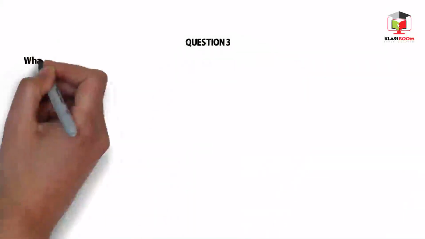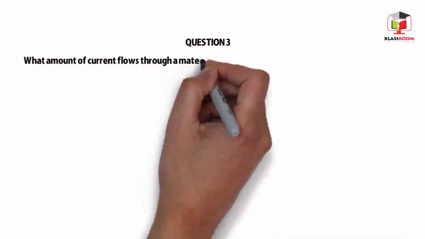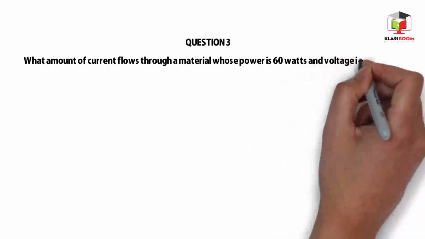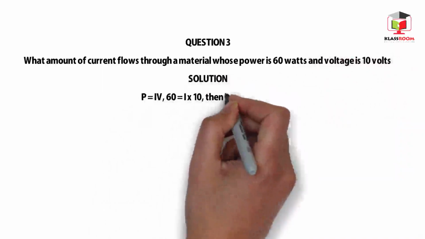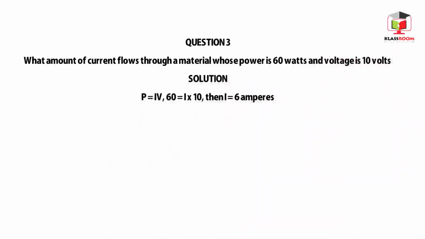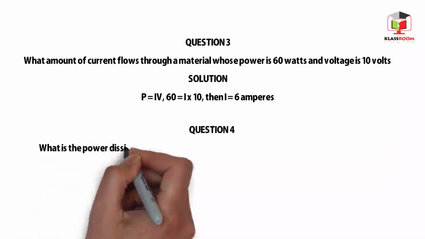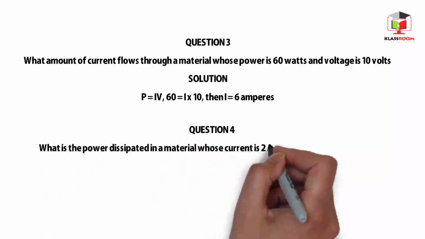Number 3. What amount of current flows through a material whose power is 60 watts and voltage is 10 volts? Solution. P equals IV. 60 equals I times 10. Then I equals 6 amperes. Number 4. What is the power dissipated in a material whose current is 2 amperes and resistance 4 ohms?